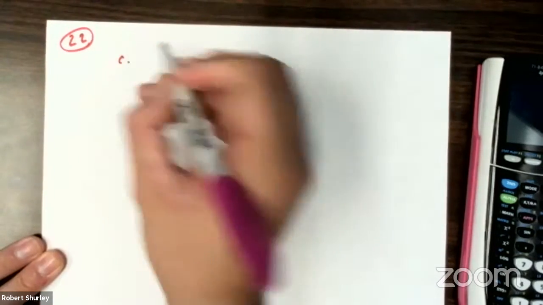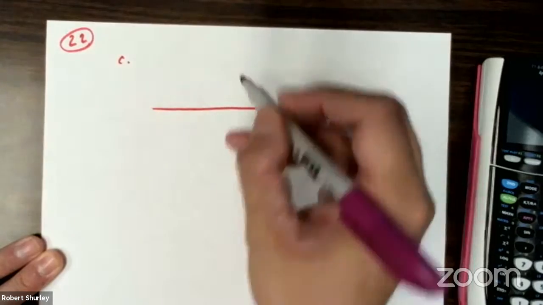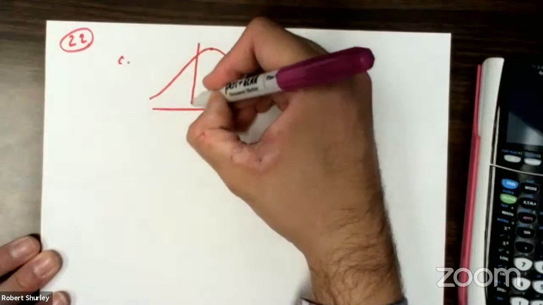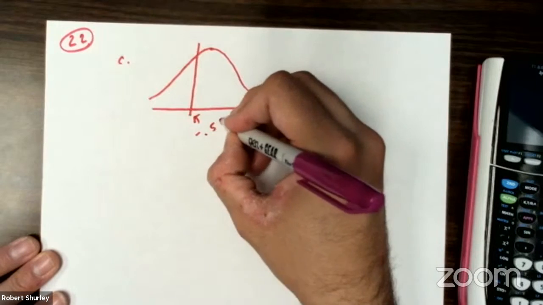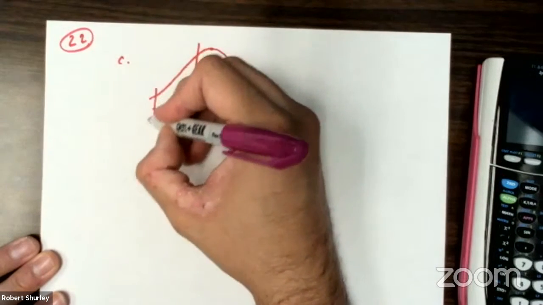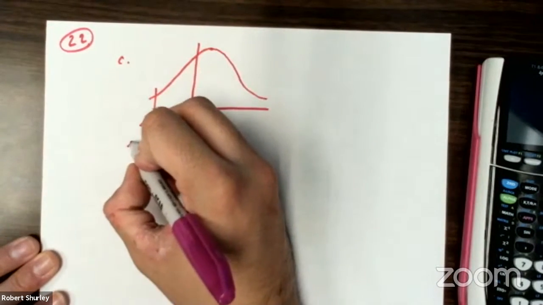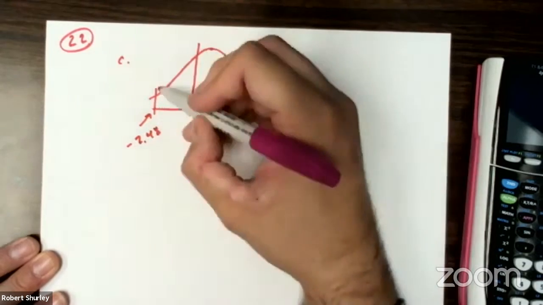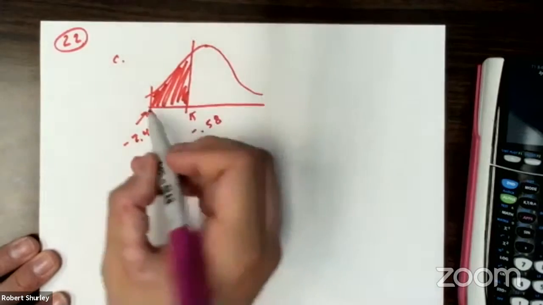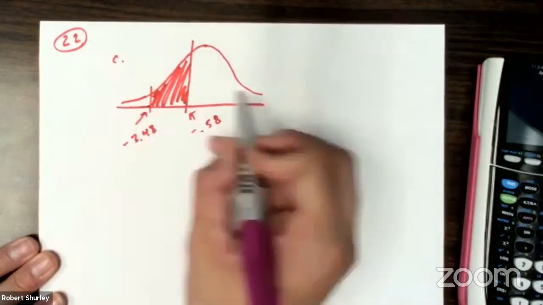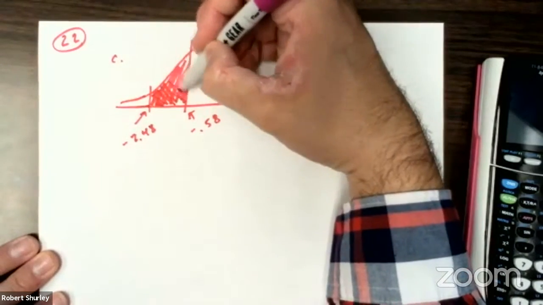This is part C. We've got negative 0.58 and negative 2.48, and it's asking us for the shaded region between those two numbers. Now look, there's areas to the left and to the right, but it wants the sandwich in between, okay?